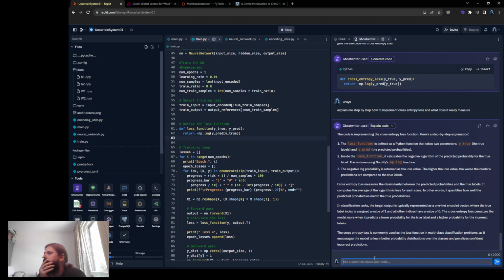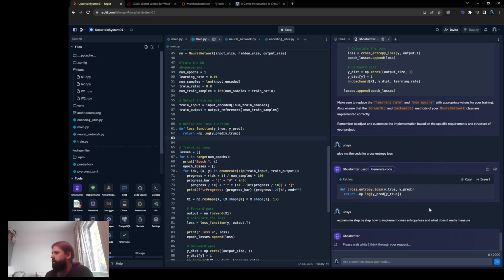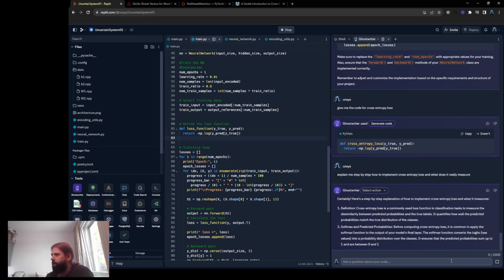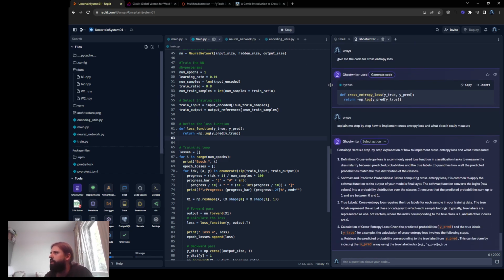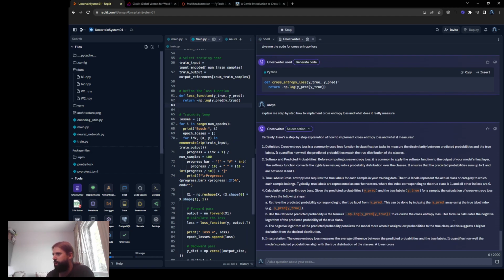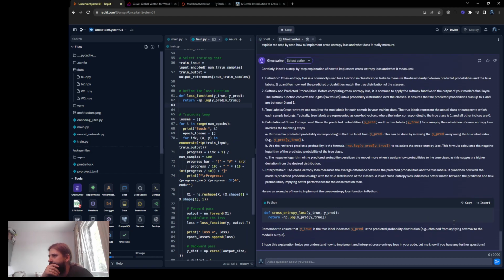The predicted probabilities. Inside the loss function, it calculates the negative logarithm of the predicted... I don't want to explain code. I want default. Let's just do default. The problem is that it tends to just explain the code, and that's what I don't want.